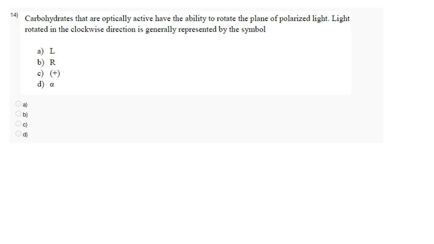Carbohydrates that are optically active have the ability to rotate plane polarized light. Light rotated in the clockwise direction is generally represented by which symbol? Plus, yes, plus.